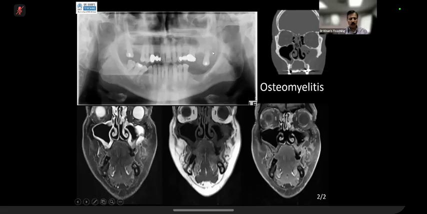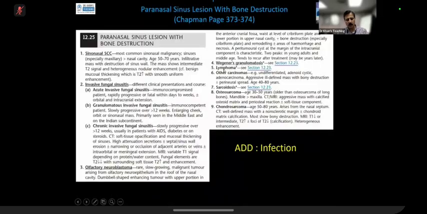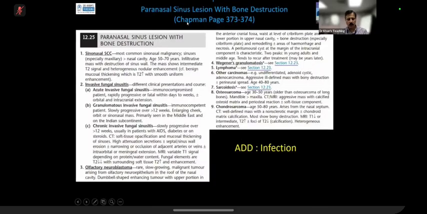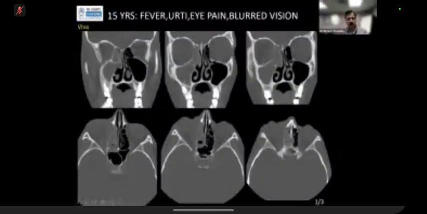So key point to remember is that you have to then see on this CT scan, actually this was visible. I have not intentionally given it to you. So this was a case of osteomyelitis. So this is a paranasal sinus lesion with bone destruction.